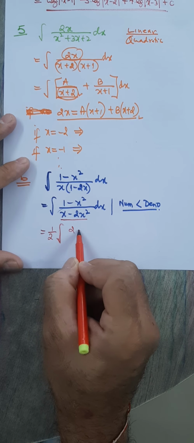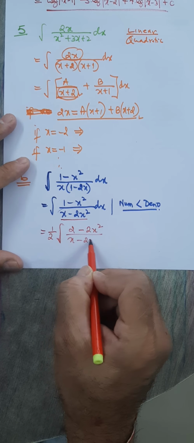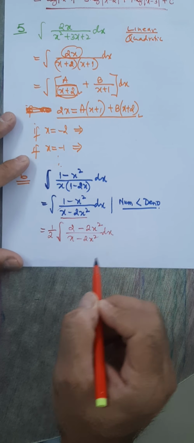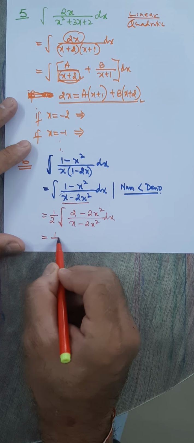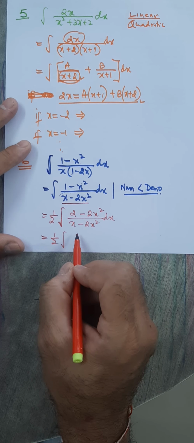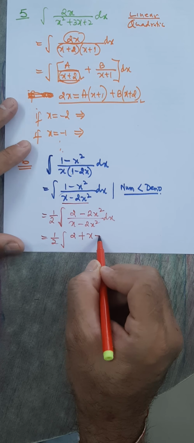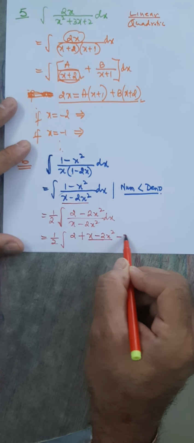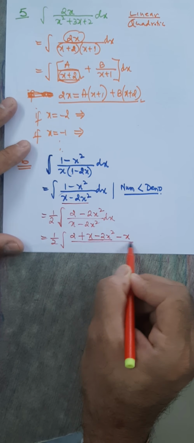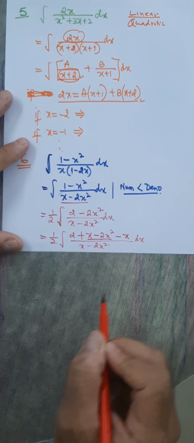So I'm getting 2 minus 2x square upon x minus 2x square. Now I need x there, so I'll just add and subtract x. So I'll write 2 plus x minus 2x square. What I did, I've added x, so I'll write minus x upon x minus 2x squared the whole dx.